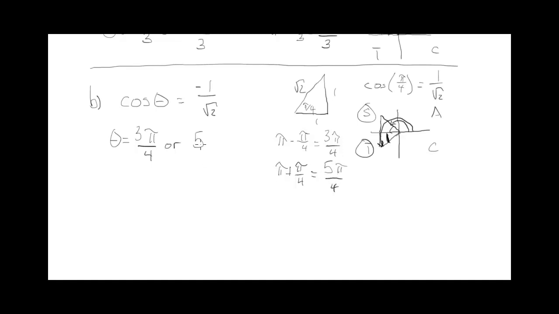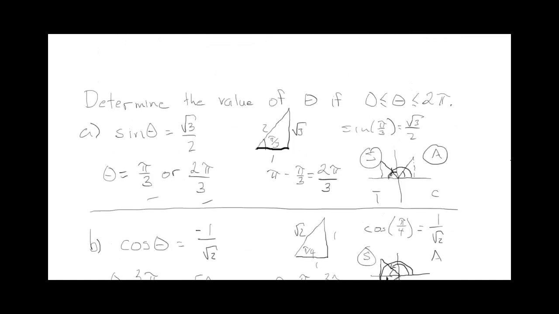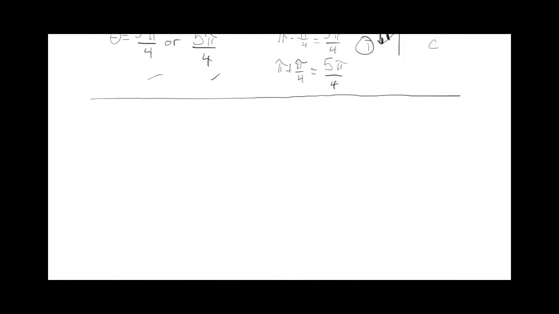So the other answer is 5 pi by 4. That's just another example, and notice again there's two answers, and there typically will be two answers if the range is from 0 to 2 pi and it's one of your special angles.